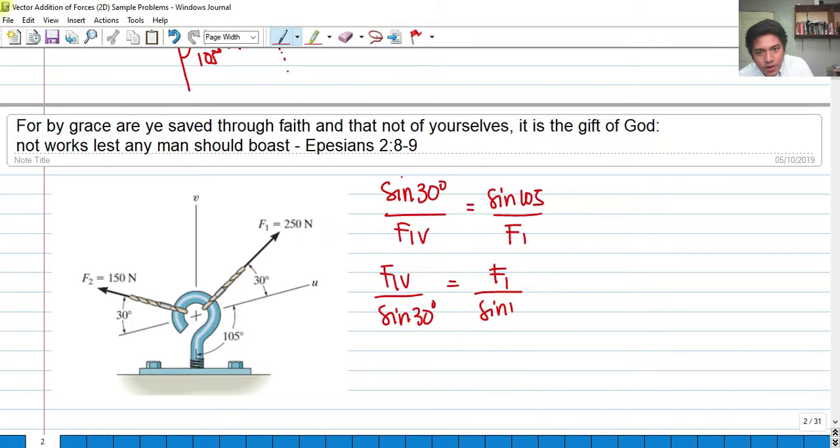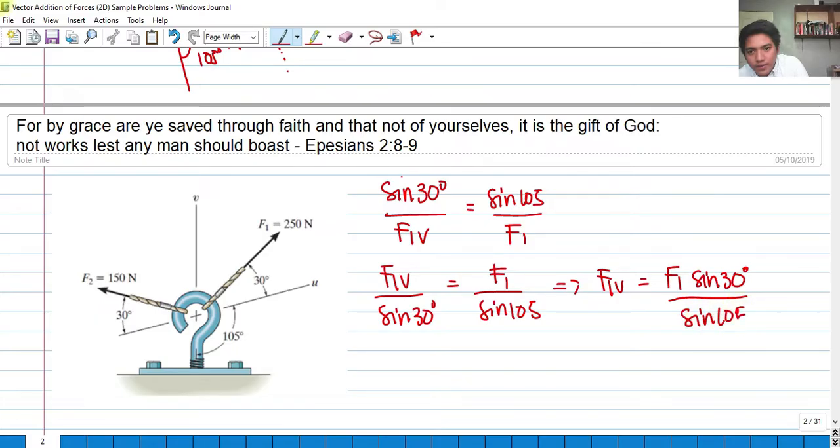If I'm going to solve for F1v, that should be F1v is equal to F1 sine 30 degrees over sine 105 degrees.